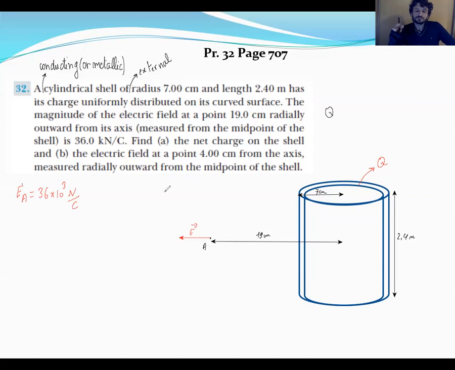To calculate Q, you know that we have the field at the point A. In general, in the case of a cylinder, if we want to calculate the field, we can use Gauss's law. And by symmetry, we use a cylinder of radius r as a Gaussian surface. We have a video about this cylinder: how can we apply a Gaussian surface in the case of a cylinder?